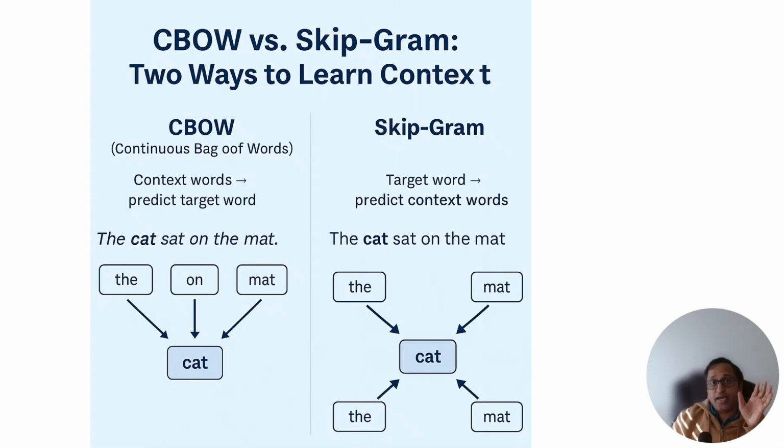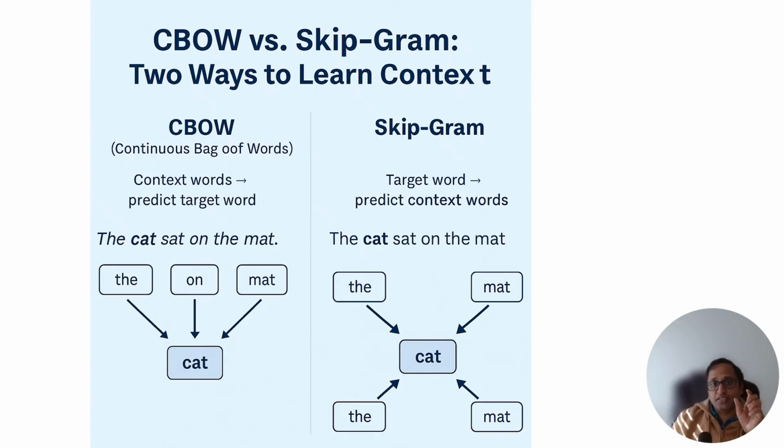So word2vec actually supports two ways of training embeddings. The first one is continuous bag of words, or CBOW. Here the model looks at the context words and tries to predict the missing center word. For example, if you give it "the dash sat on the mat", it learns that cat often fits there and then produces cat. The second one is skipgram, which flips the direction.